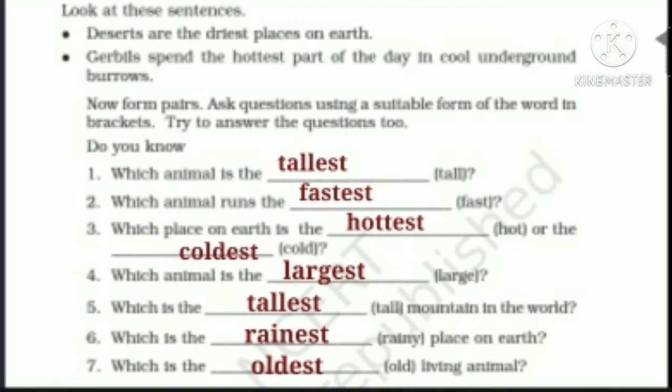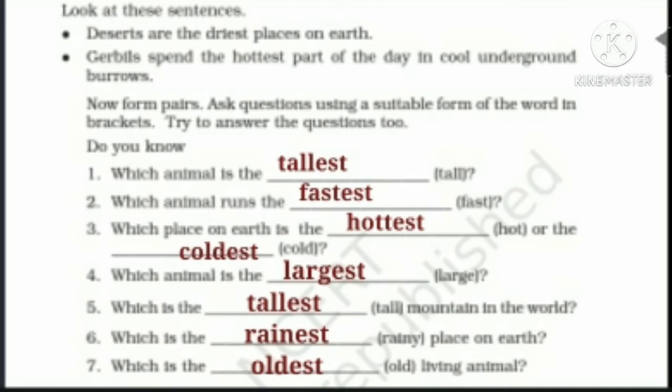The first one, which animal is the tallest? Second, which animal runs the fastest? Third, which place on earth is the hottest or the coldest?